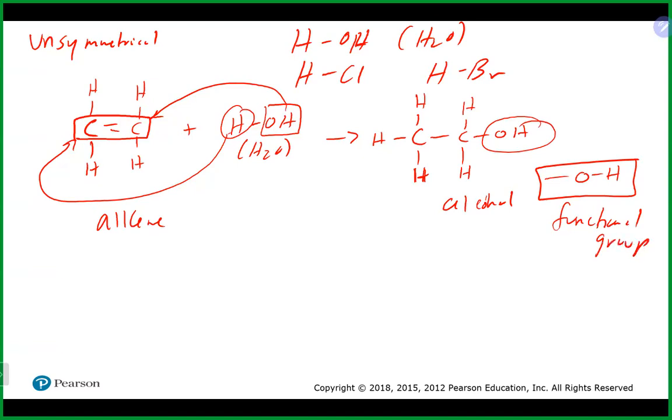The functional group of an alcohol is the OH group. In this case, it really doesn't matter where you put the OH or the H. The other option would have been to put the OH on the left here and the H on the right. It does not matter because they're both actually the same alcohol. If we were to name this alcohol, we name it just like everything else.